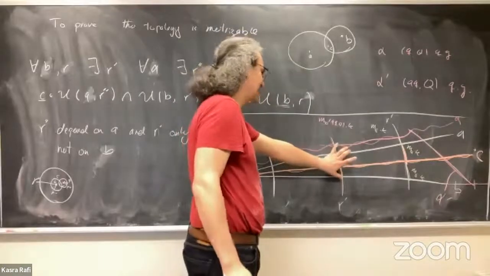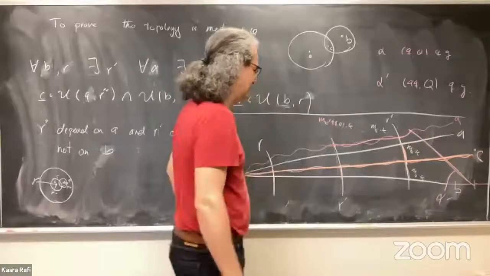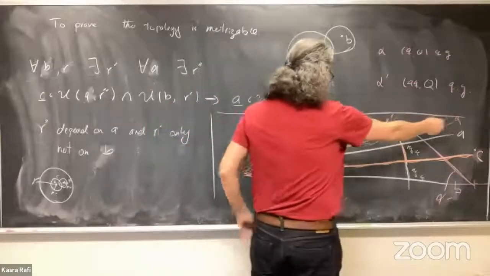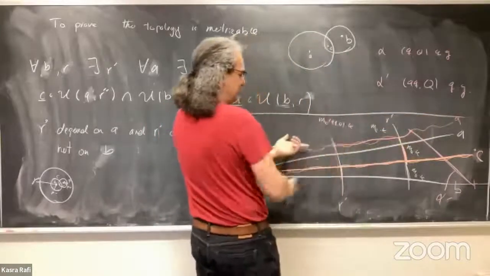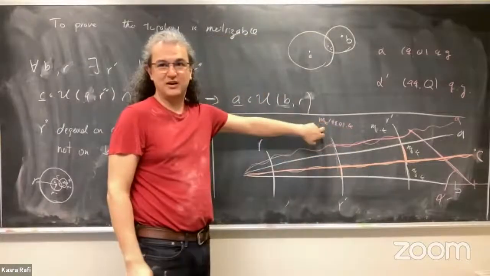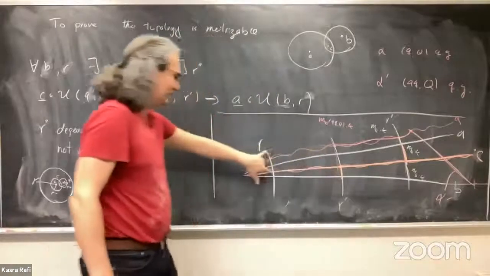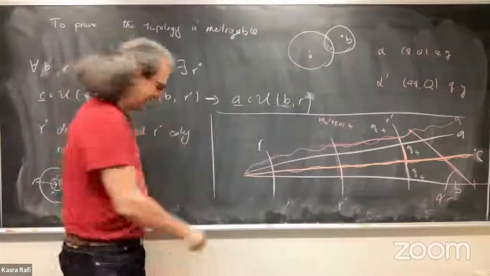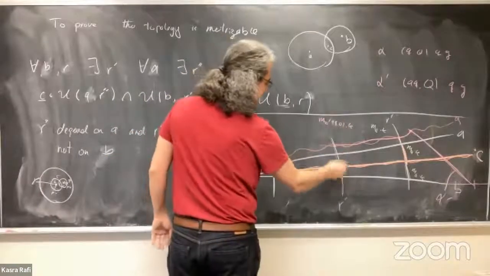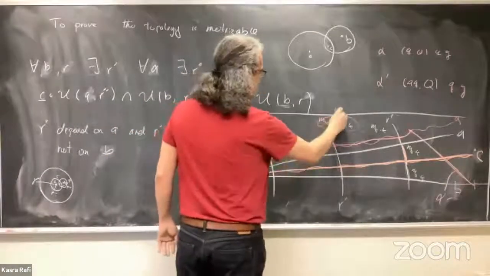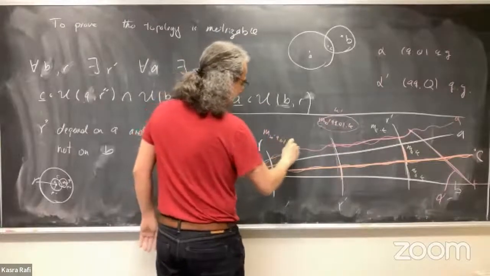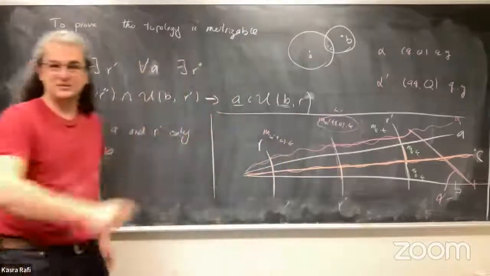This is not close enough. I want it to be MB of QQ. But what I would say is that now look at the original alpha. The original alpha is a QQ quasi-geodesic and is this close, which is now my new kappa prime. And I can do this one more time, right? So if you have an alpha, which is a QQ quasi-geodesic and is kappa prime close, this is my kappa prime, then I'm going to be MB QQ times kappa close at this level, and I win.